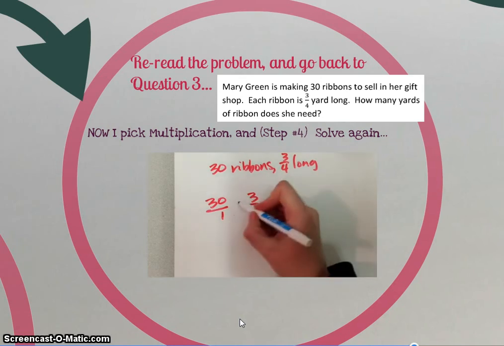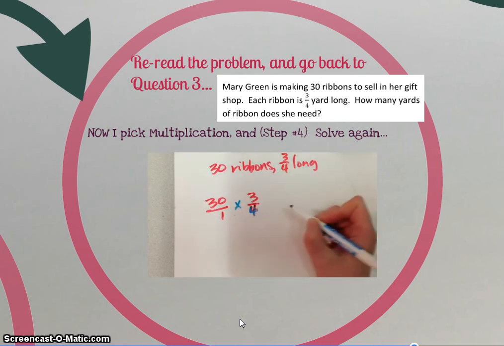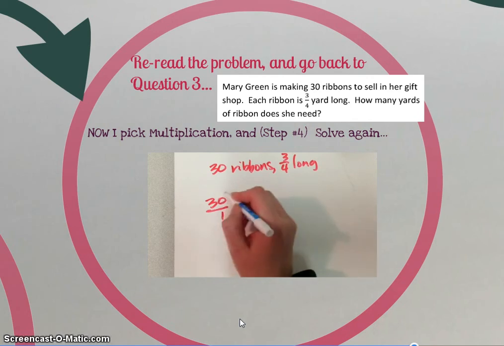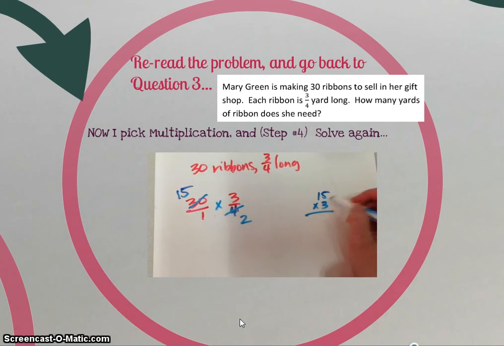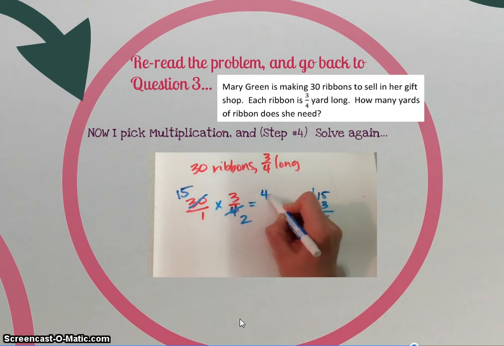I'm going to change my sign, and I'm going to fix that 4 there because I kind of erased it. Okay, anything I can cross cancel? Yep, there is. So now I'm going to come over here because I don't know what 15 times 3 is off the top of my head. So I'm going to figure that out here. Oh, 45 over 2, right?